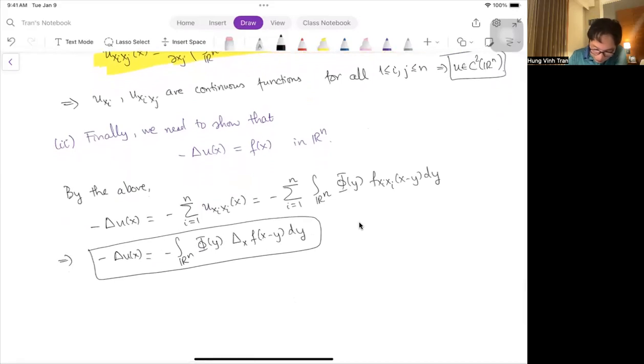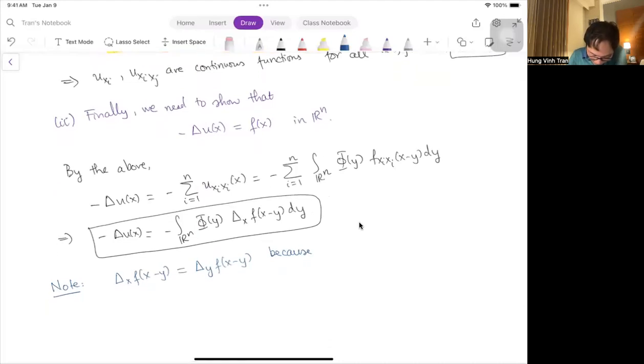There's a note here that I want to make. Note that the Laplacian in x of f of x minus y is equal to the Laplacian in y of f of x minus y. Let me write that: the Laplacian in x of f of x minus y equals the Laplacian in y of f of x minus y, because if you differentiate once, there's a minus sign from x minus y.